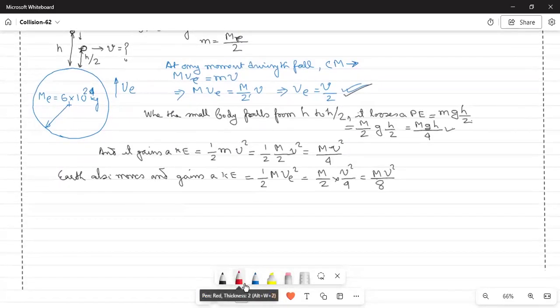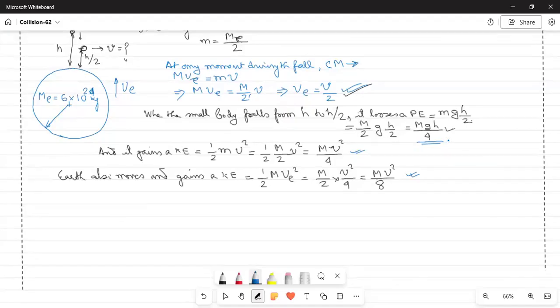Now, this energy equation has to balance, because the energy lost is the potential energy, the kinetic energy gained by the small body is this amount, and the kinetic energy gained by the Earth is this amount.